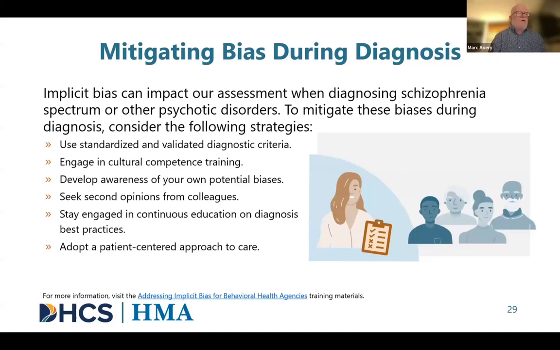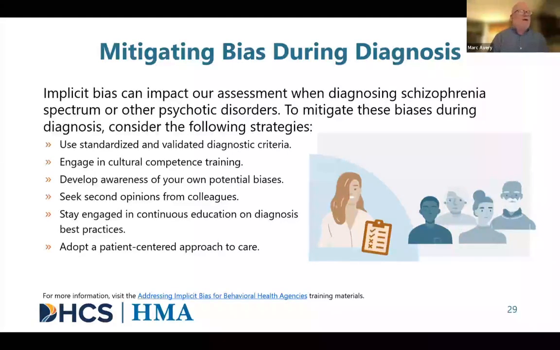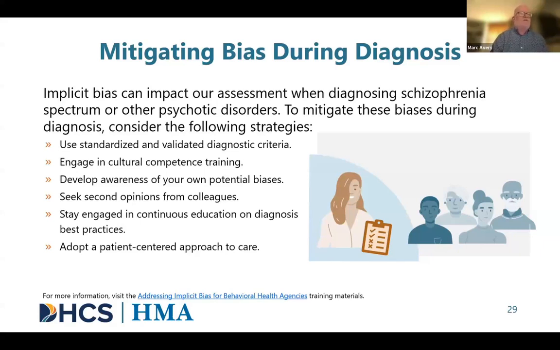Second opinions can help to reduce our bias, especially with colleagues who have special expertise in working with persons from different cultural and ethnic backgrounds. Taking a patient-centered approach, improving our education and training on bias, using clear and effective communication, all can help reduce our bias, as well as careful documentation of our rationale for making certain diagnostic decisions.